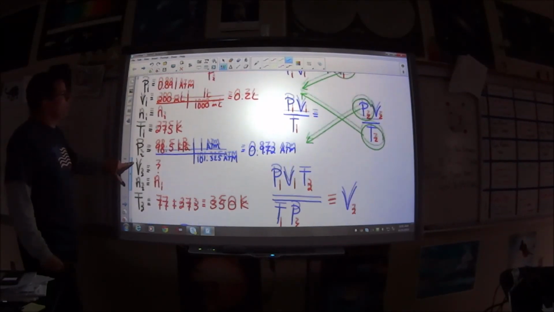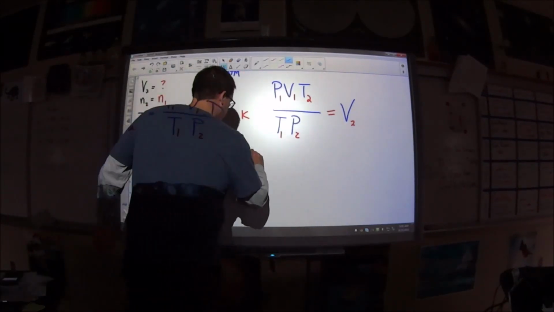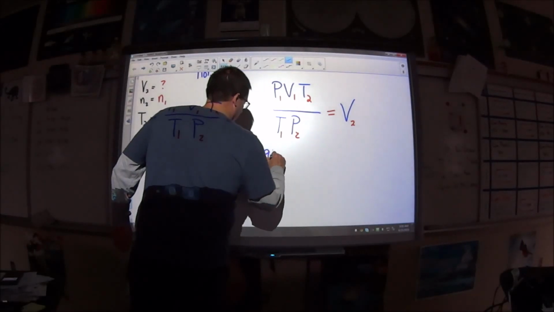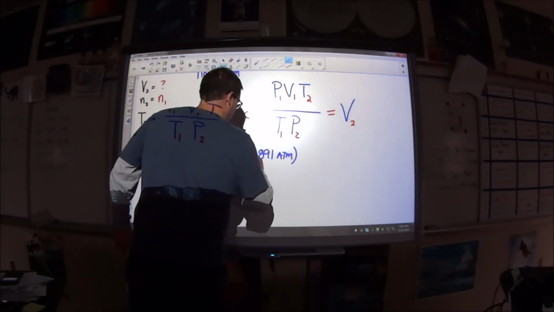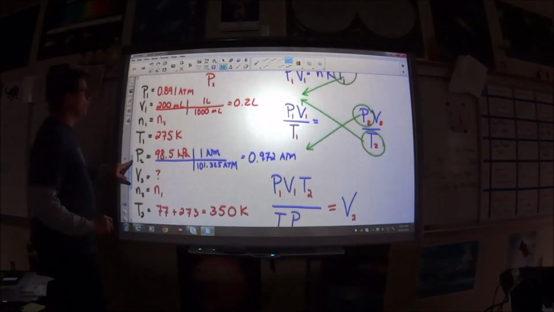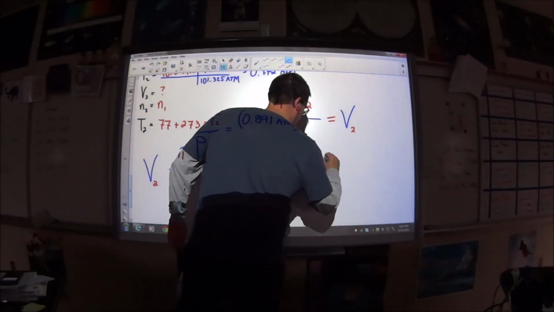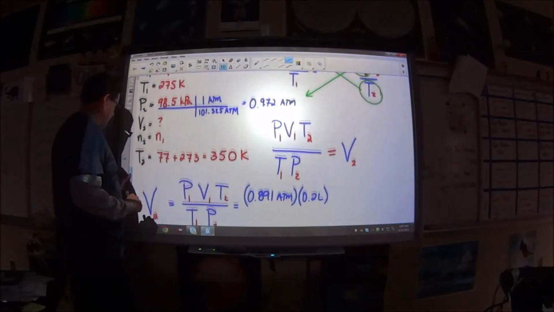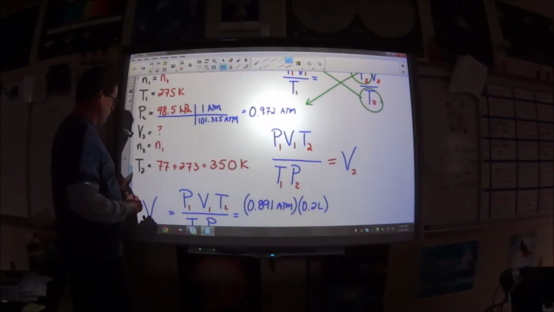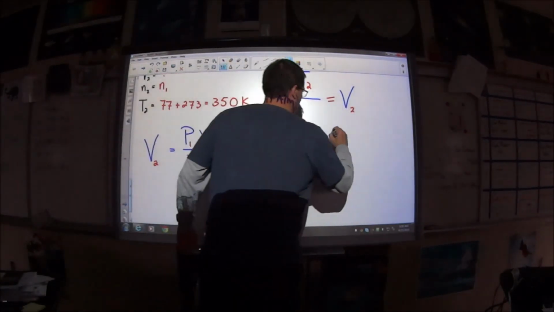So P1 is 0.891, and that is in atmospheres. My V1, which is 0.2 liters. My T2, which is 350 Kelvin.